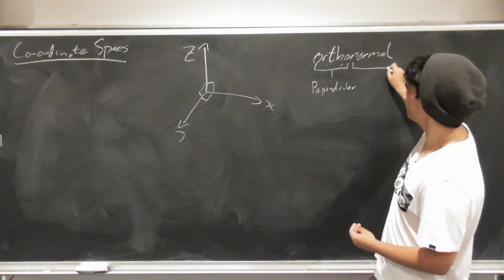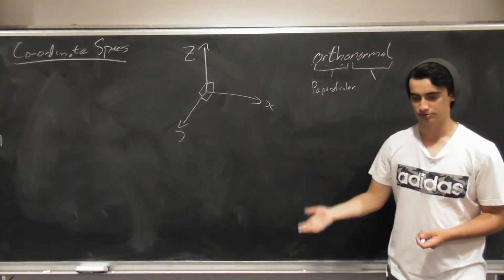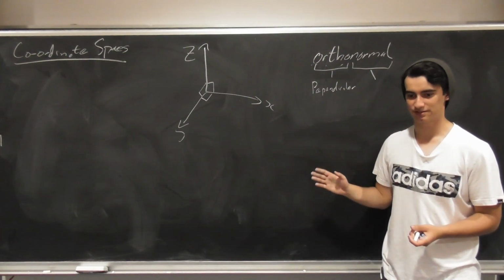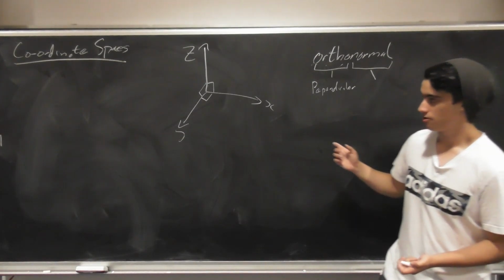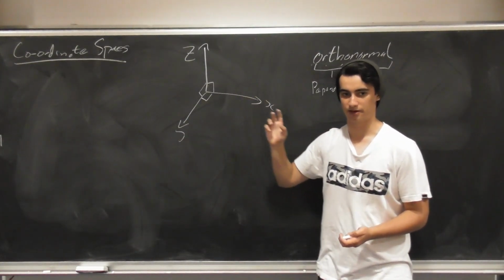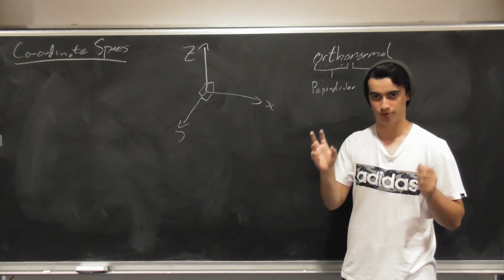The normal part of it is a tad bit more difficult to explain without the idea of vectors. So we'll come back to that for the most part. But really, all you have to understand is that the x, y, and z has unit length. So each piece is 1 unit.